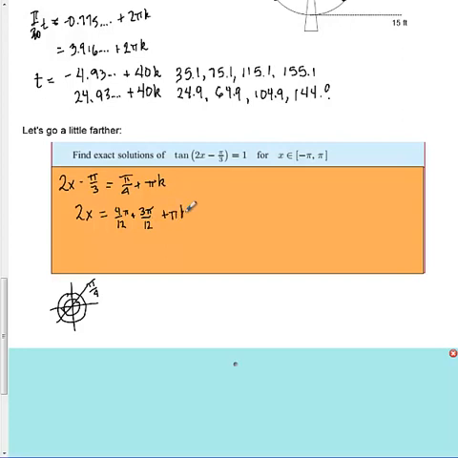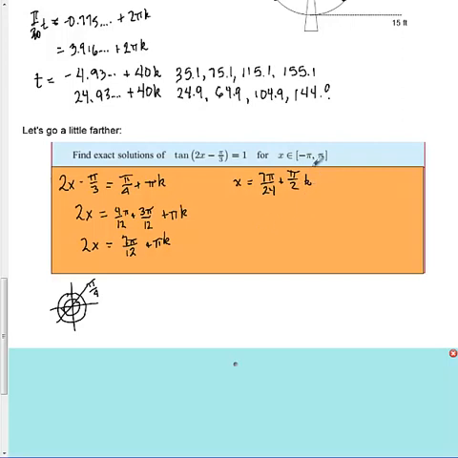We work that out, and we get that 2x is equal to 7 pi over 12 plus pi k. Now we're going to divide by 2, and you've got to be careful that 2 is also going to divide the pi k, and we get x is equal to 7 pi over 24 plus pi over 2 times k.